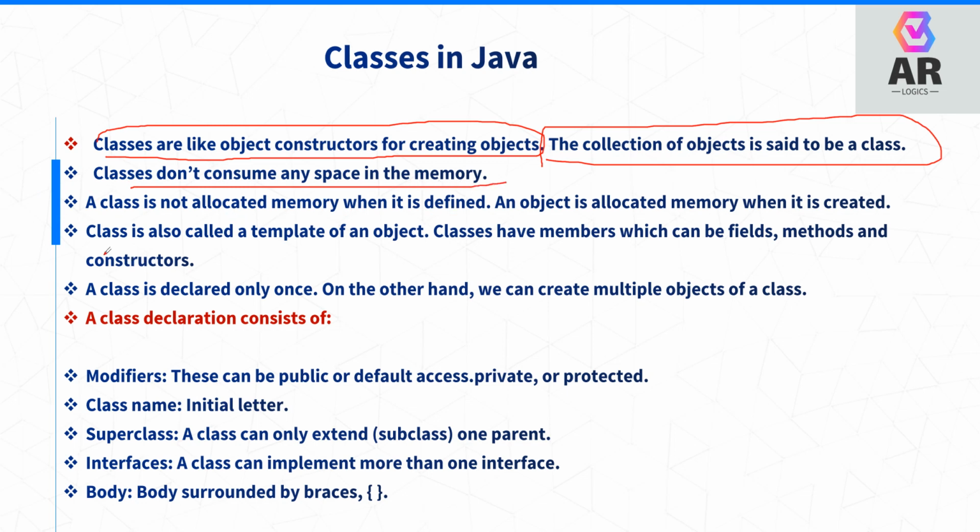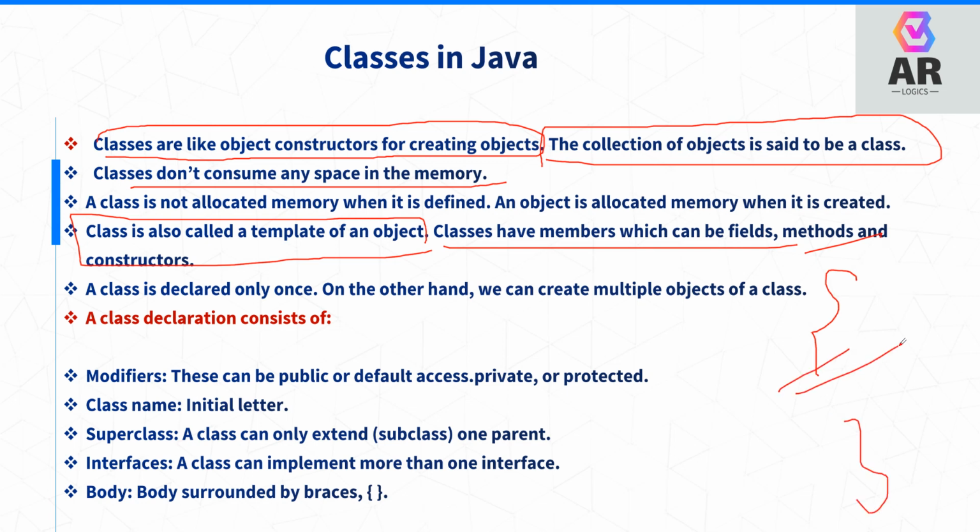A class is called a template or blueprint of an object. A class has multiple fields, and we can declare methods and constructors in it.